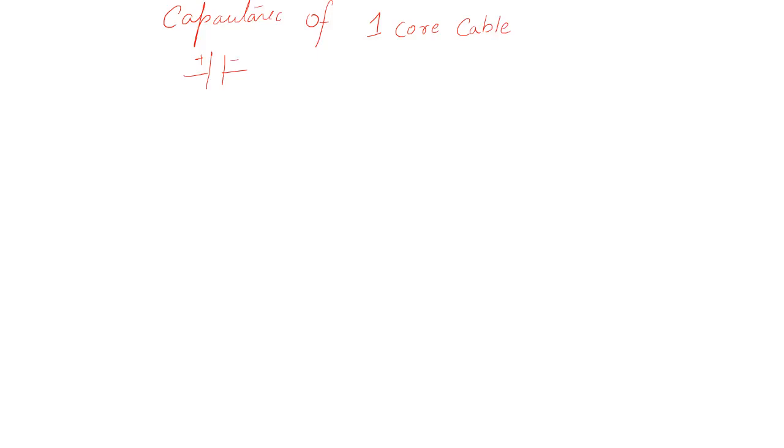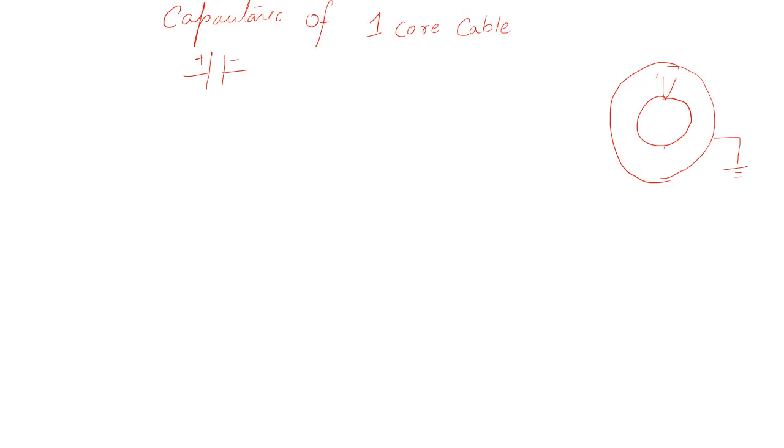Now, in the cable, I am just putting a single core cable, and this core is operating at a particular voltage V, but the outer surface of the core is at ground, right?